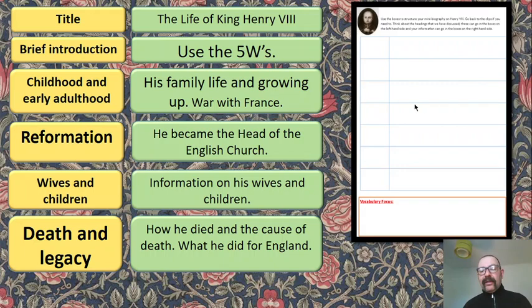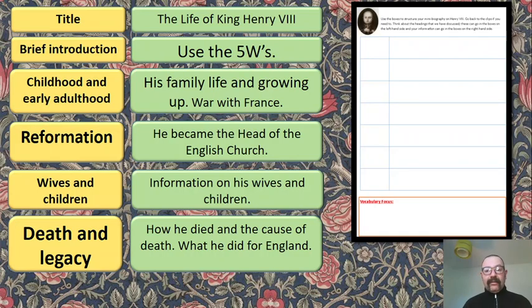Okay, now at the bottom there is a box called Vocabulary Focus, and in that box I'd like you to include some of the words that you will use perhaps from our glossary or spellings of the week, and even time conjunctions, okay, as well. So you can pop those words into that box there. So I want to see you using some really good vocabulary today on your plan, so that will boost your writing on Friday. Okay, excellent.